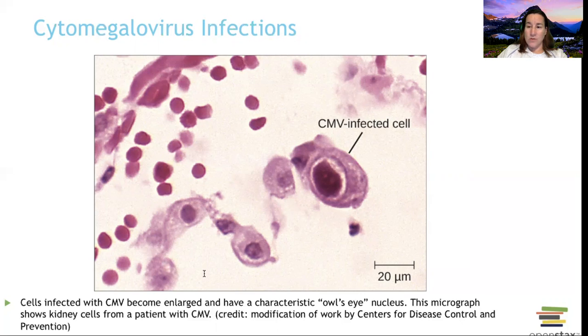So almost all of us have been exposed to Epstein-Barr, and half of us to cytomegalovirus, which causes the non-Epstein-Barr version of mononucleosis.